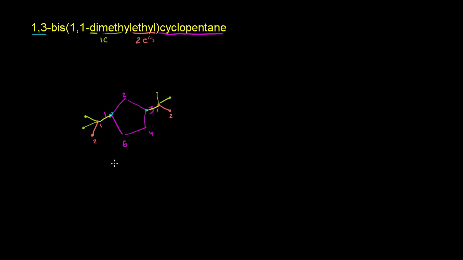That is our structure. Now, if you did this with common naming, instead of this group being a 1,1 dimethyl ethyl, you might see that, okay, we're connected to a group that has 1, 2, 3, 4 carbons in it. The carbon that we're connected to branches off to 3 other carbons. It is a tert butyl. So you could also call this a 1,3. Let me just write it down.